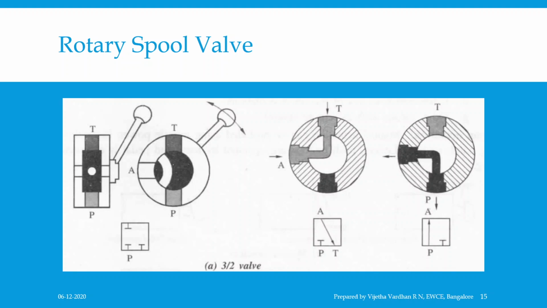And these are generally low flow valves. Rotary valves can be line, panel or subplate mounted. Although they can be used for reversing cylinders and motors, rotary valves are usually used as pilot valves in pilot operated direction control valves and sliding spool valves.